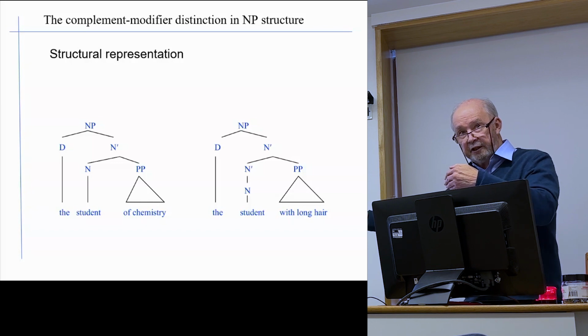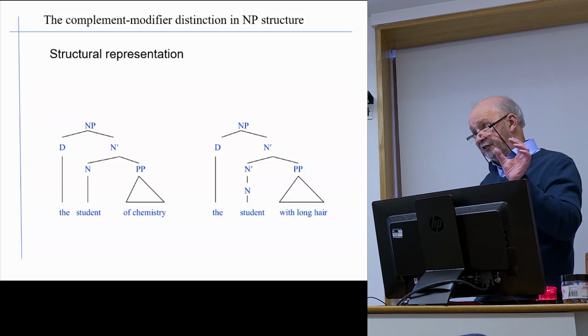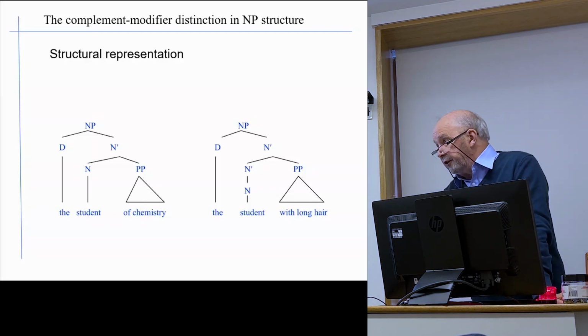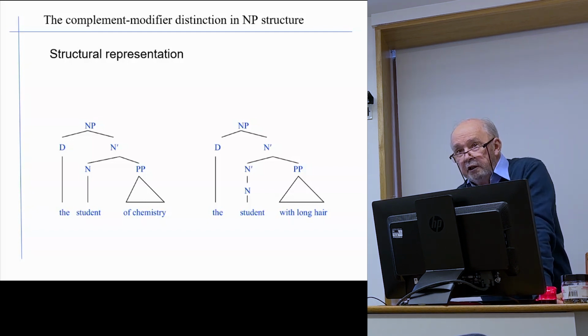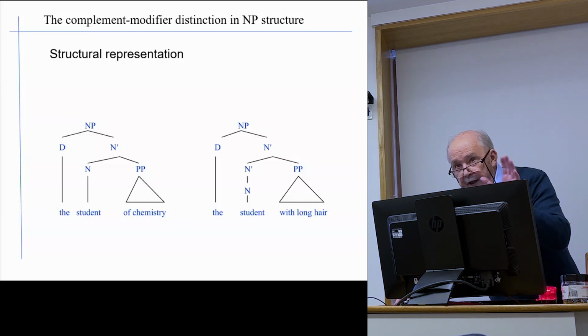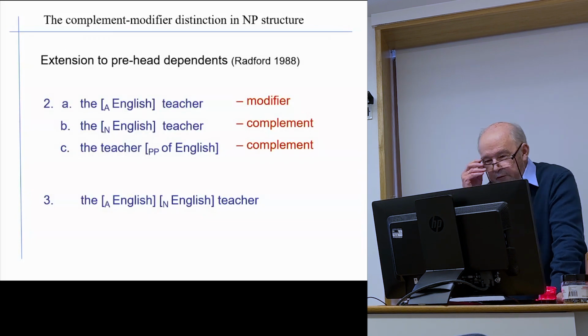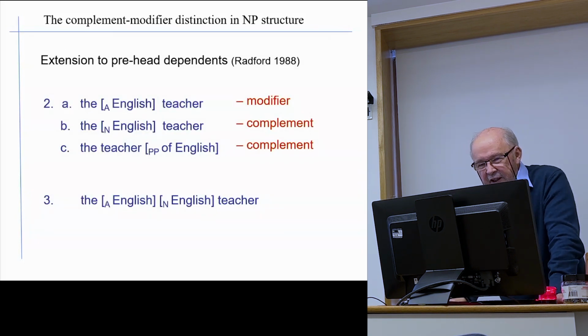No distinction in terms of structural position, although there still is a distinction in terms of function. And that's for various reasons, which I won't go into at the moment.